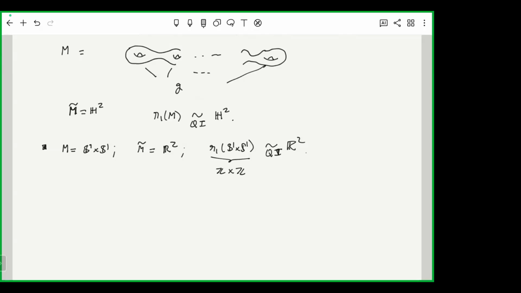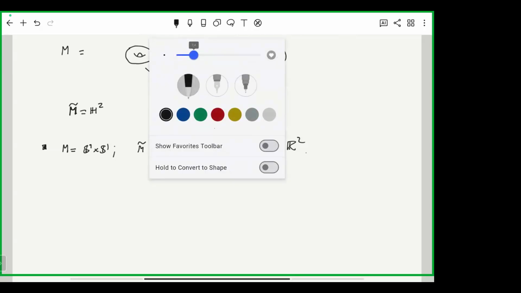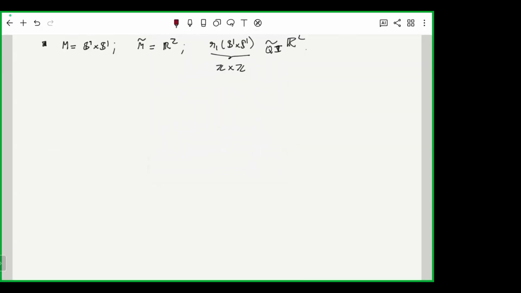I would like to speak about coarse structures already. We will now move on from geometric group theory. Let's motivate it first.